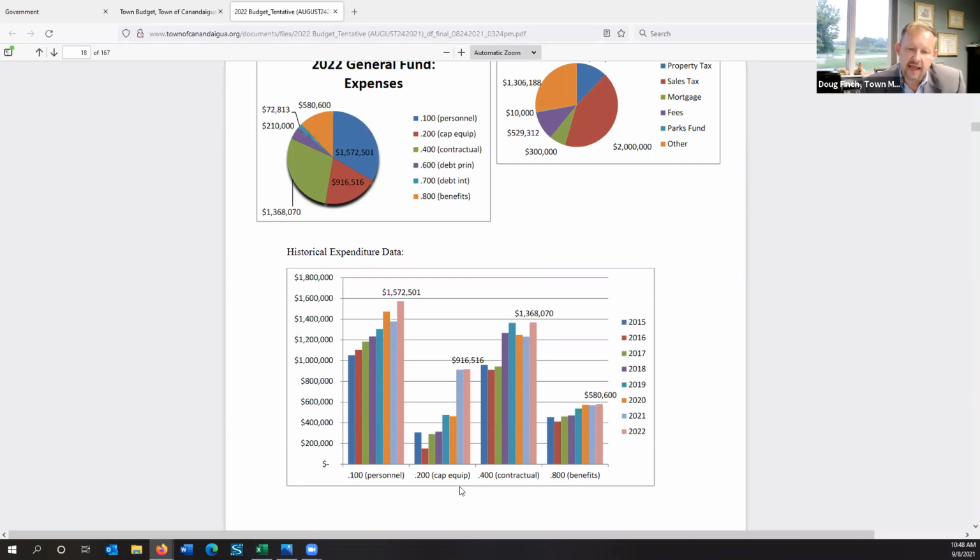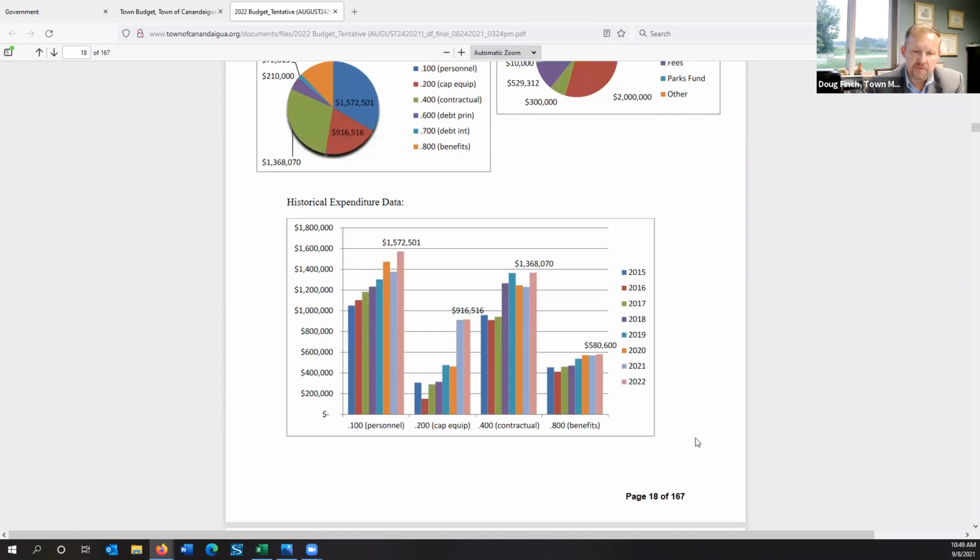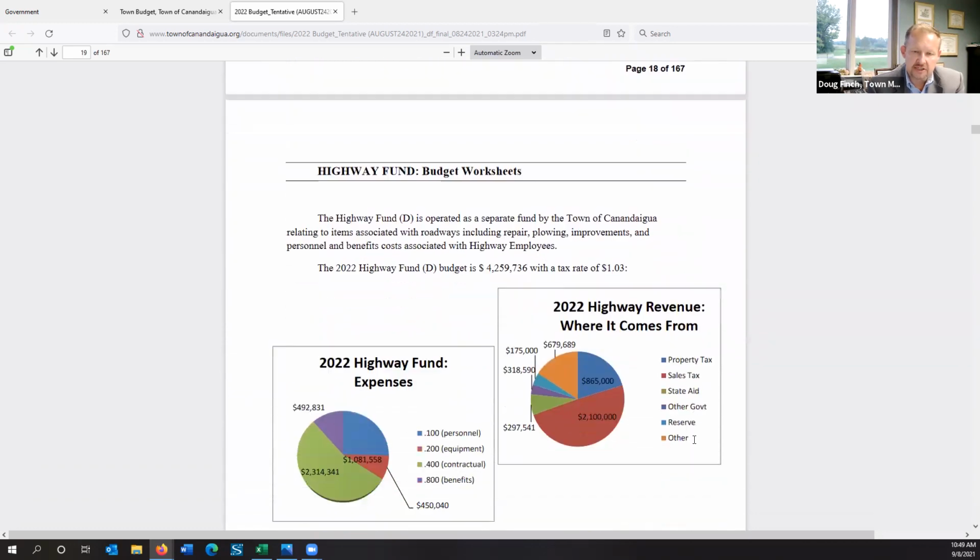We plan that through a capital plan, in an effort to keep a very consistent number so that we don't have the roller coaster or the ups and downs associated with purchasing 4 or 5 snowplows in one year and nothing in the next year. So we really plan that out, and we established what's called a vehicle replacement policy. So it helps provide us guidance in terms of how we go about that. So that's on the general fund side.